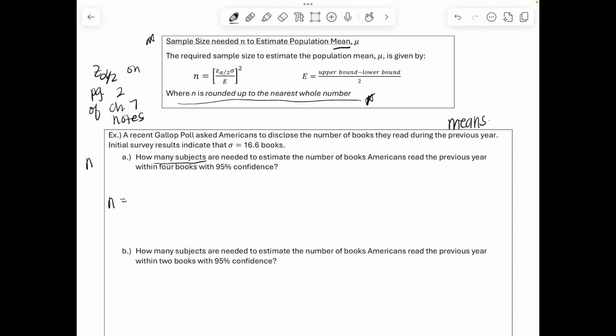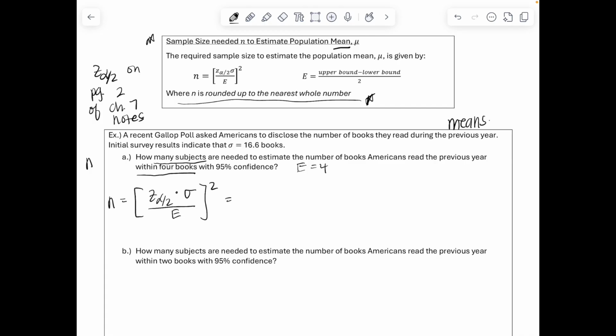So writing our formula that is up above, we have Z sub alpha over 2 times sigma divided by E all squared. And so from here, E is our margin of error, and it does say within 4 books. So we do know that E is equal to 4.